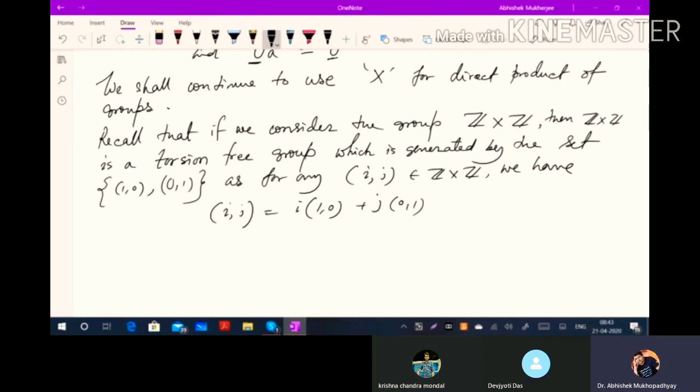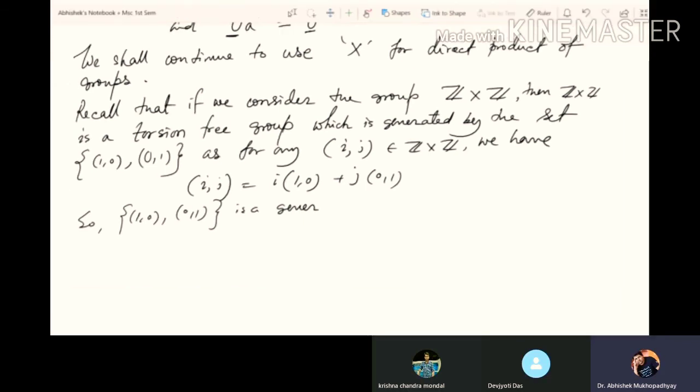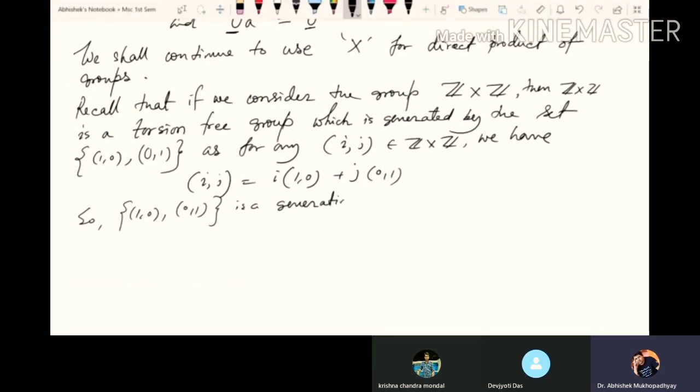So in this way we can show that Z cross Z is generated by the set {(1, 0), (0, 1)}, that is, this set is a generating set for the group Z cross Z.